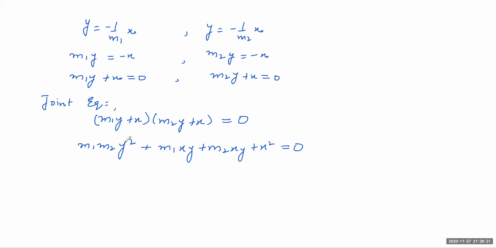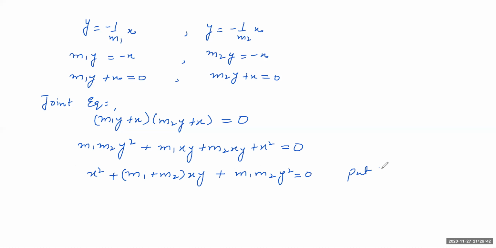Now I write this again as x square plus m1 plus m2 times xy, taking xy common, and then the term m1 m2 y square equals to 0.